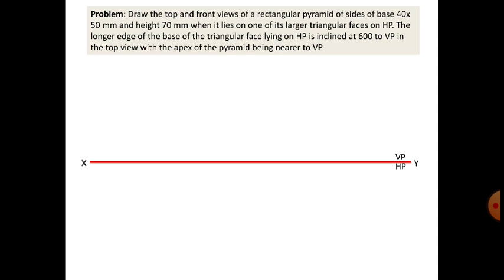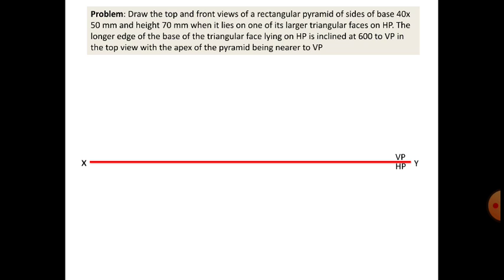That means your 50 mm side edge will come to the right hand side, because it says the longer edge of the base is lying on the HP and it is inclined, so that will be to your right hand side.